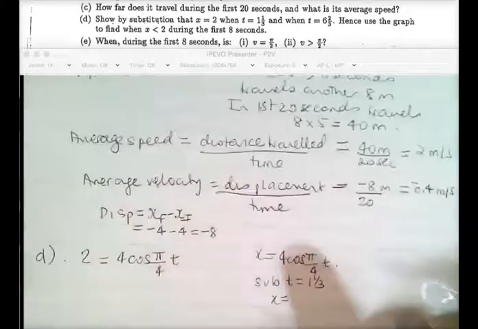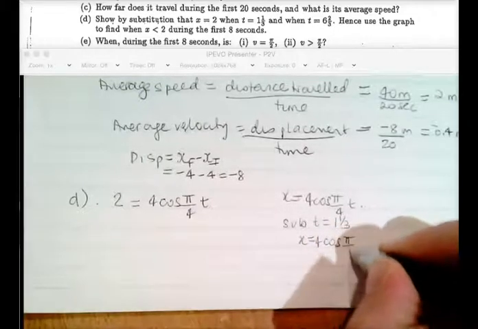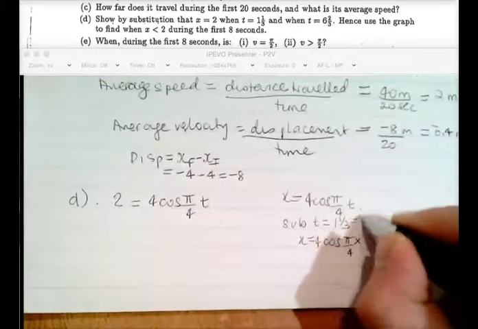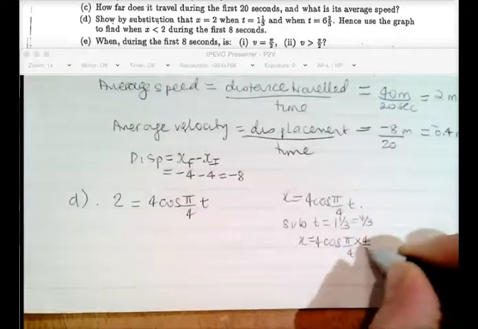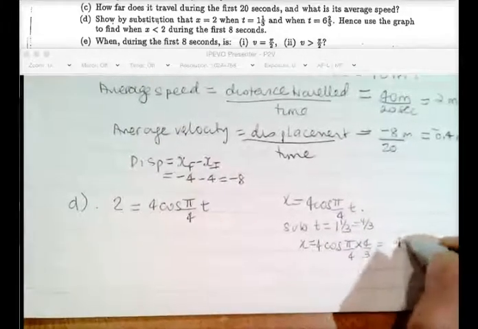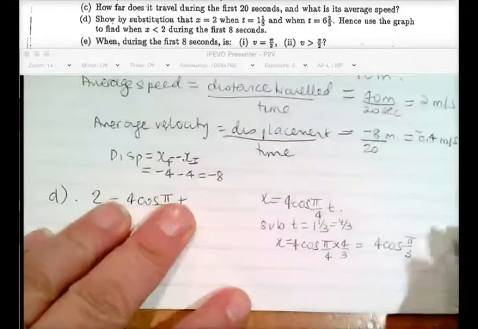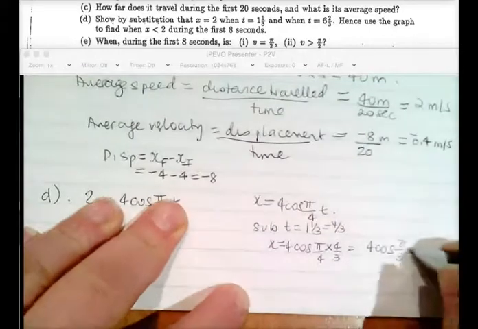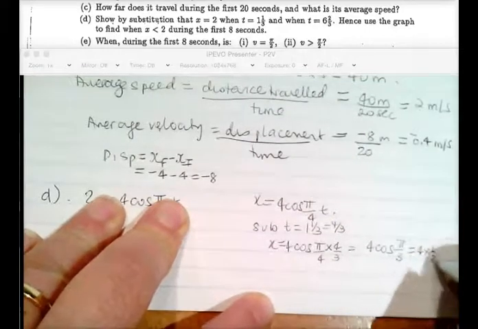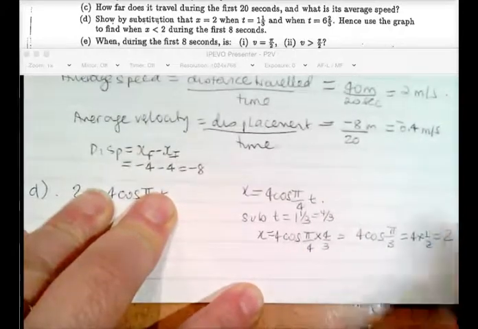And you'll get x is 4 cos pi on 4 times 1 1/3, which is 4 on 3, times 4 on 3, and you'd get 4 cos pi on 3, which is 4 times a half, which is 2. So therefore, when t is 1 1/3, x is 2.